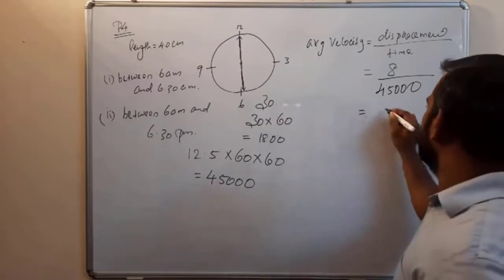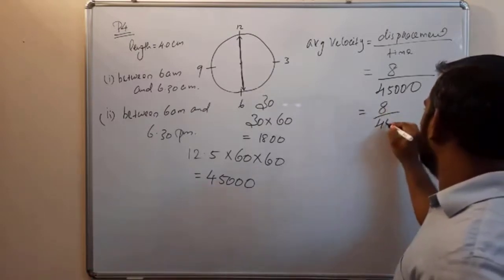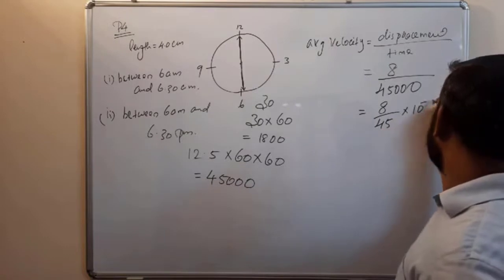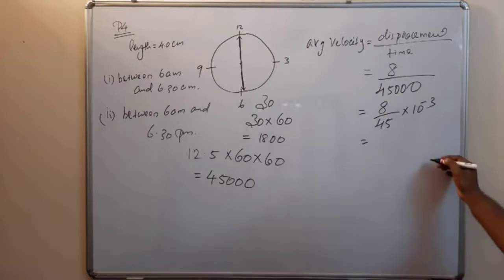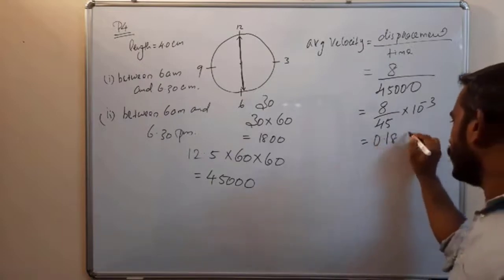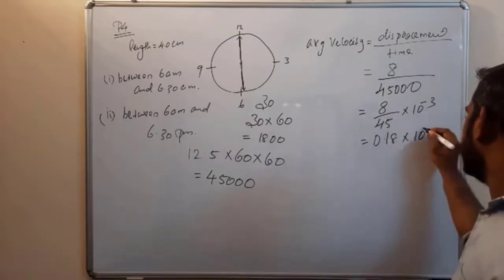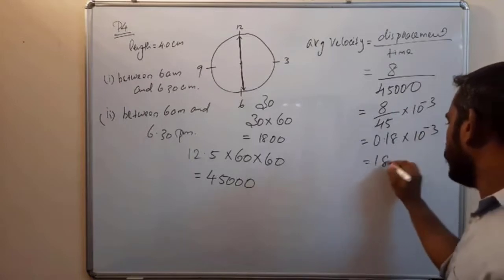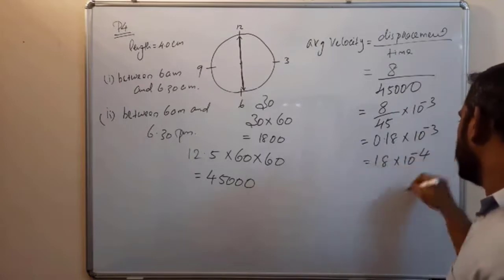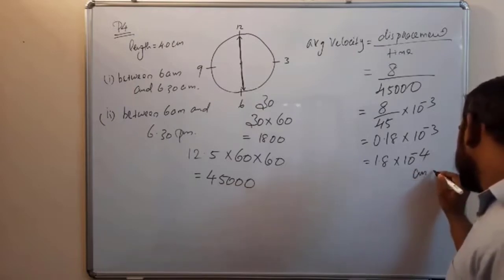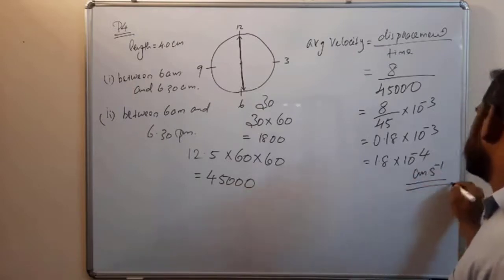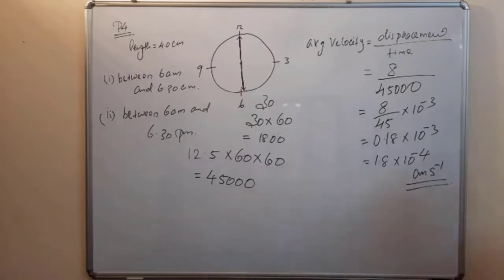So that's equal to 8 divided by 45 into 10 to the power 3. Clear? That's equal to 0.18 into 10 to the power minus 3, so 1.8 into 10 to the power minus 4 centimeter per second. That is the answer. Clear? Okay.